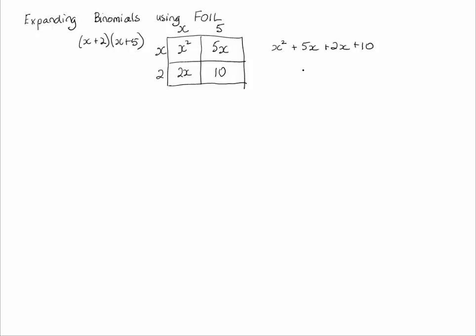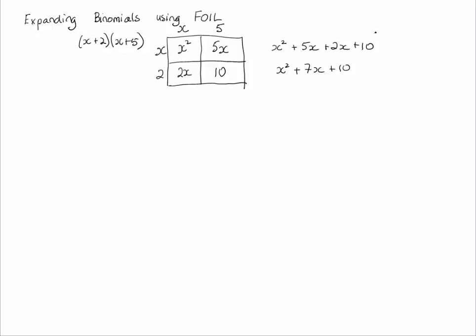And we can collect the like terms. So we'll have x squared plus 5x plus 2x is 7x plus 10. And so when you first expand, you'll have 4 terms, and when you complete the expansion, you'll have 3 terms. This is the case in most expansions, but there are exceptions to that, and we'll see that in another video.